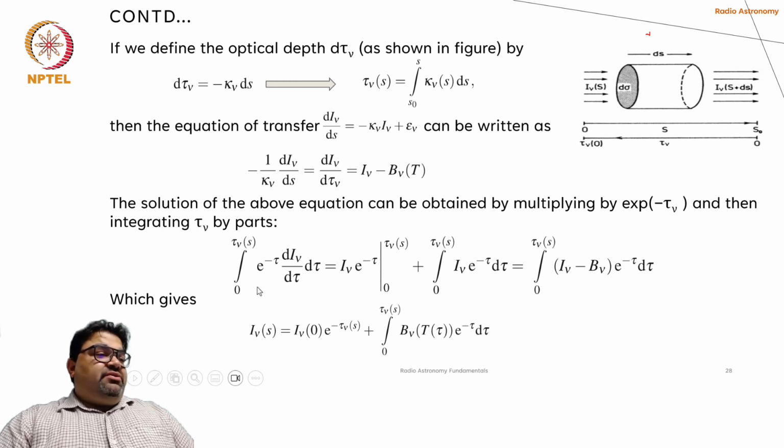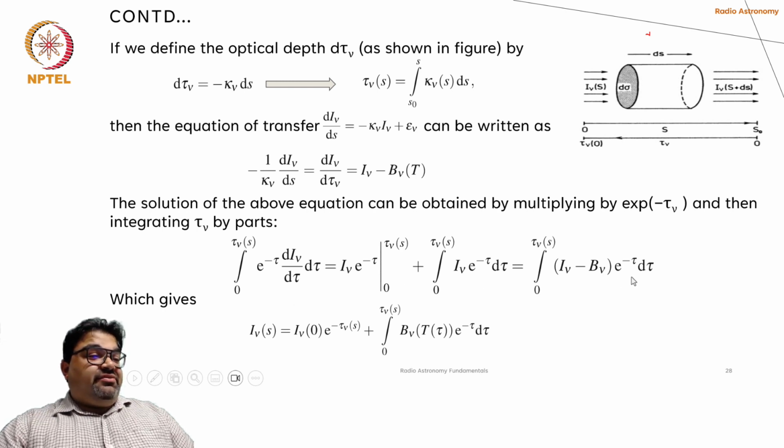Okay, so if you take the integration on both sides, you finally end up having I nu at S is equal to I nu 0 e to the power minus tau nu plus this integral of B nu times e to the power minus tau.